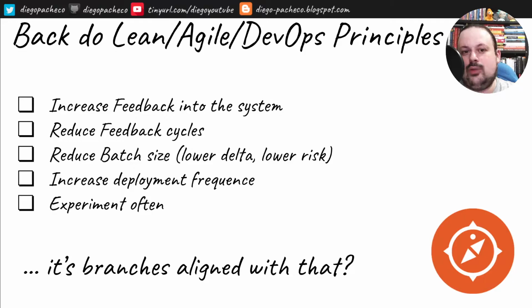So what you want to do is rely on the first two principles, increase feedback and reduce feedback cycles, and you want to reduce your batch size. When you deploy to production, you want to deploy the smallest unit possible, because that means a lower delta. If it's a lower delta and something goes wrong, you have a faster and better chance to figure out what's wrong and hold back just that change.